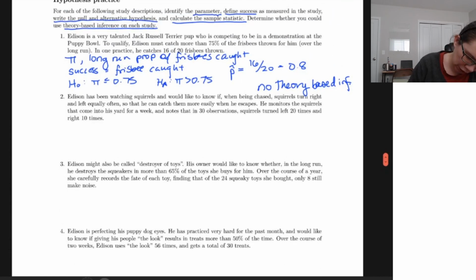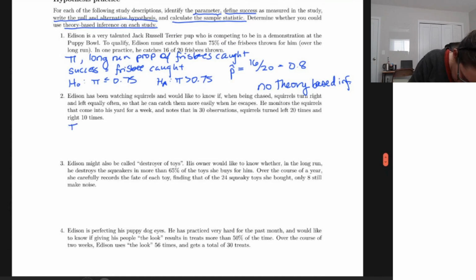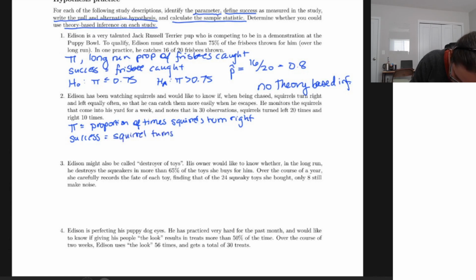Okay, so parameter, pi equals long run proportion of times squirrels turn right. Okay, success equals squirrel turns right.